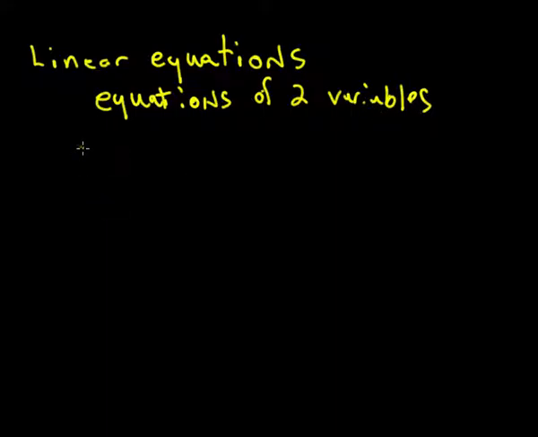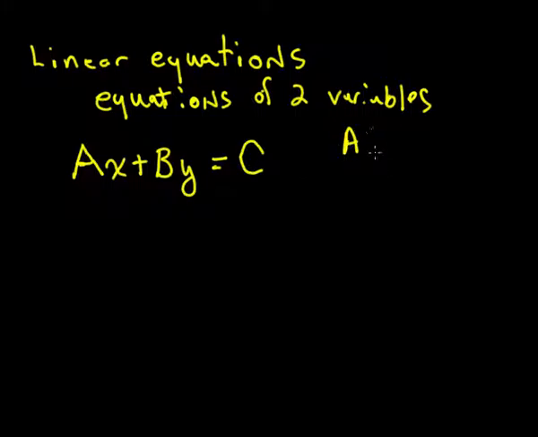Such that some constant a times the first variable plus some constant b times the second variable equals another constant. A and b do not equal 0.